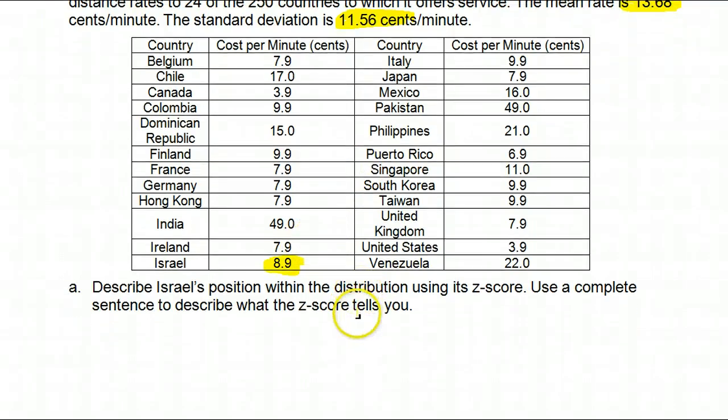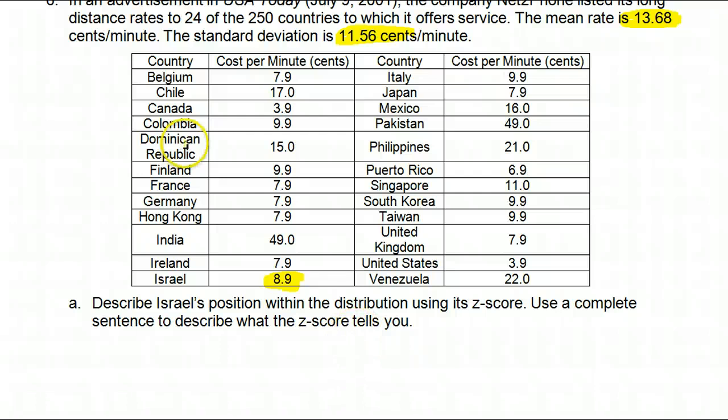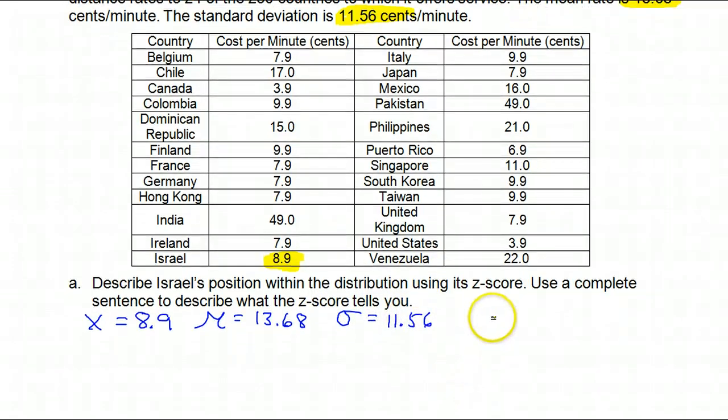So let's calculate the z-score using these numbers. Let me get these values down where I can see them. Israel's value is 8.9, the mean is 13.68, and the standard deviation is 11.56 cents per minute.